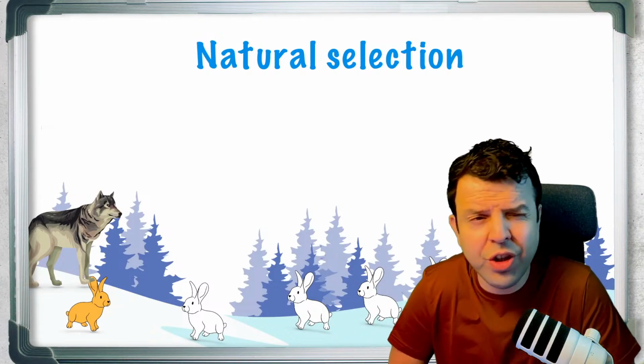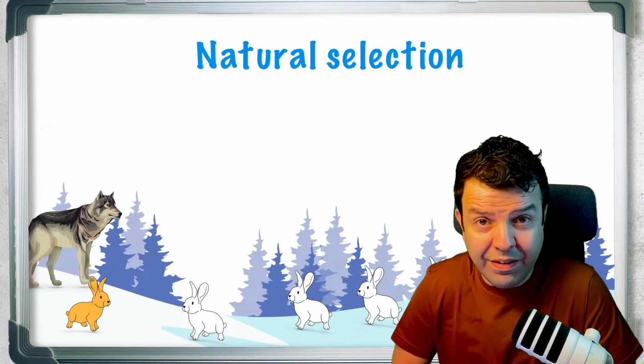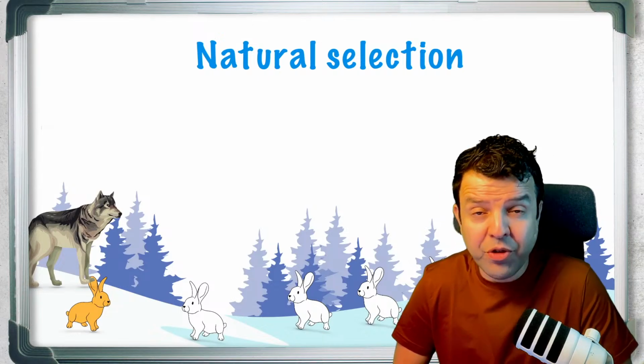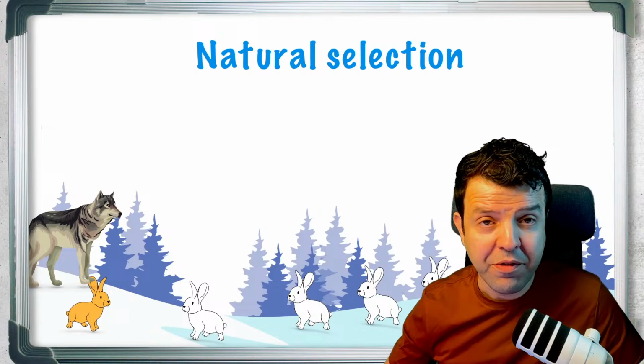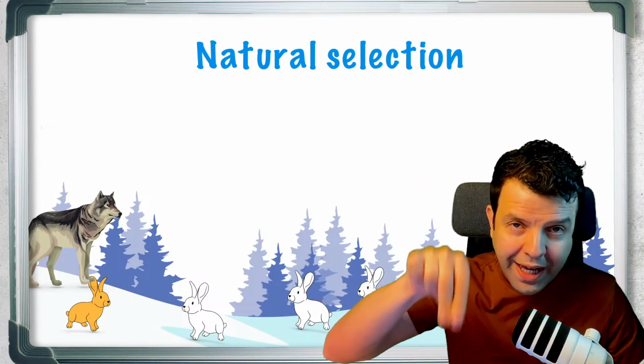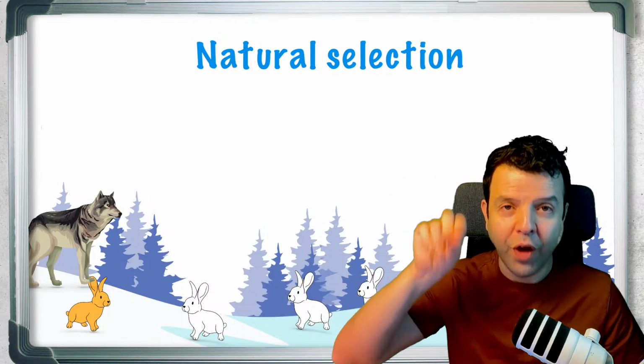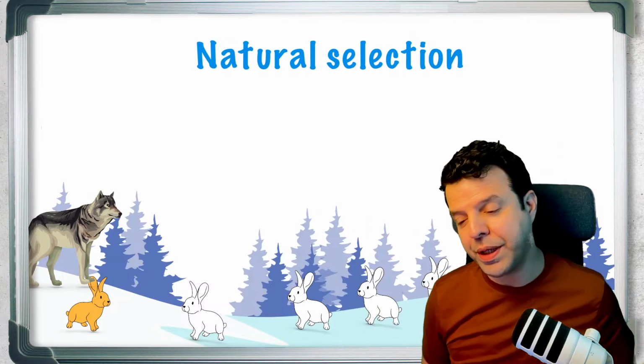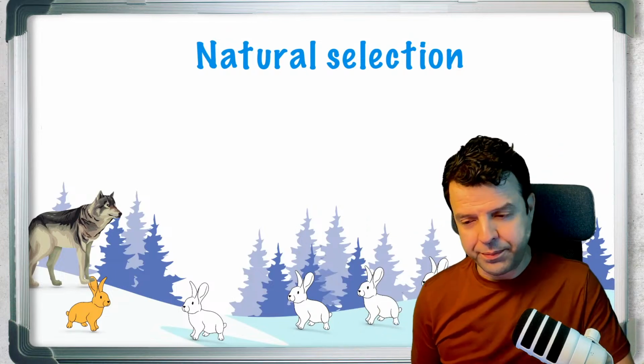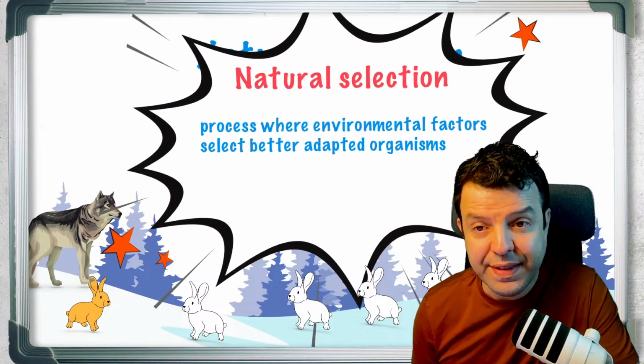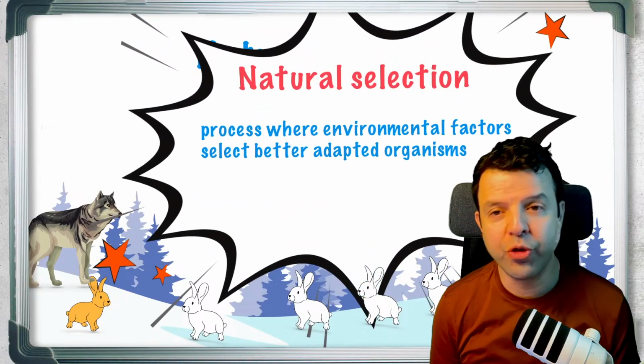So the mutation really is random. Just keep this in mind. It's a very random event, but when it happens in the right place at the right time, then that would be helpful. So once again, what happens in this case is what we call natural selection.